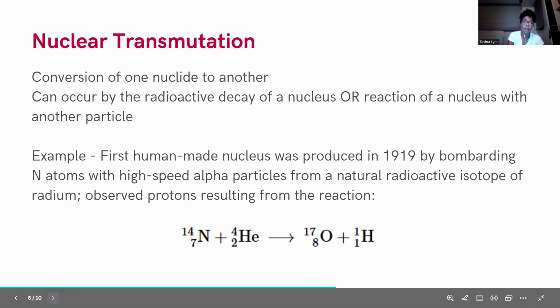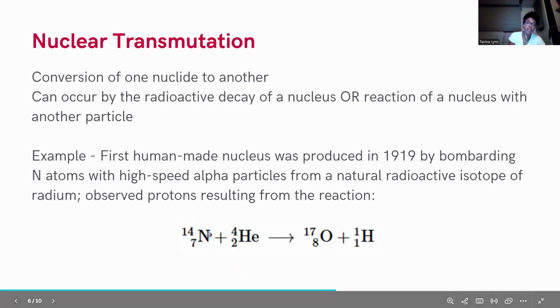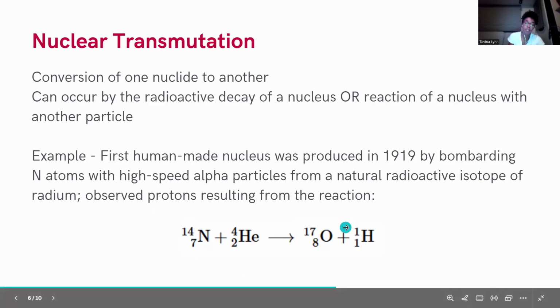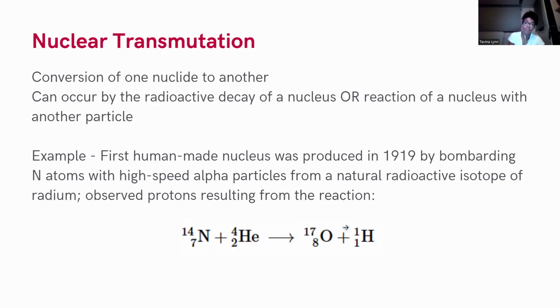An example of this is the first human-made nucleus that was produced in 1919 by essentially taking high-speed alpha particles and bamming them into nitrogen atoms and from that forming oxygen 17, forming a new nuclide.